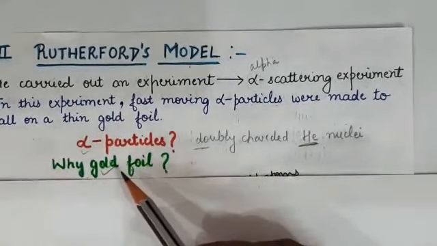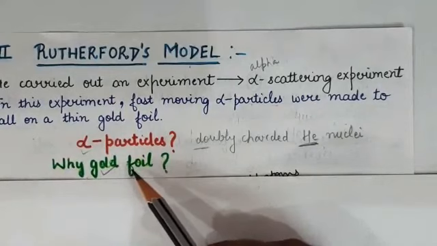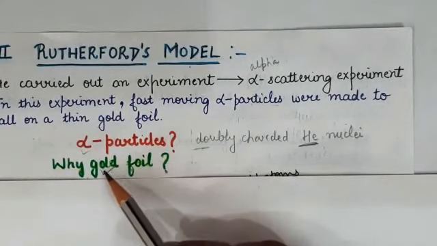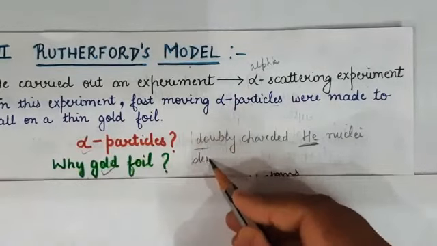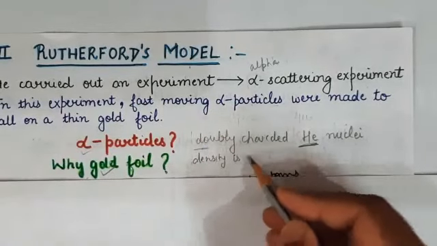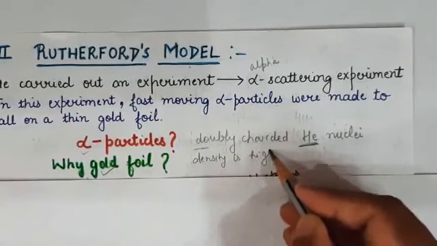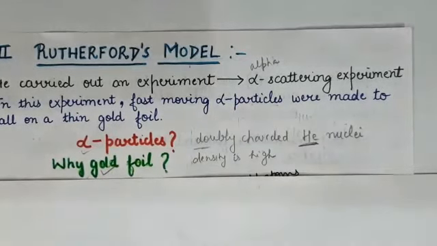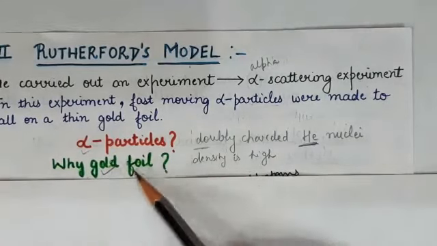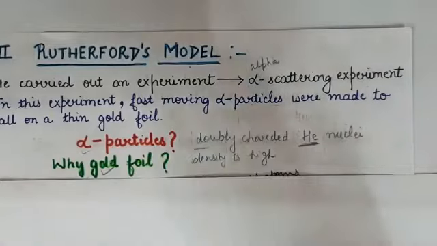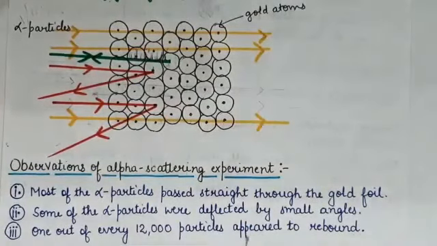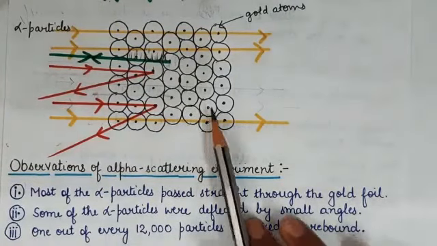And why gold foil? The gold foil was taken because the density of the gold atom is very, very high. So that's why gold foil was taken. So this is the alpha scattering experiment.